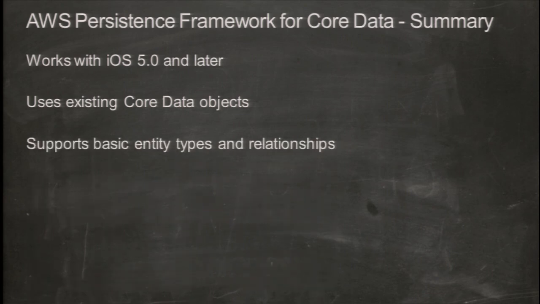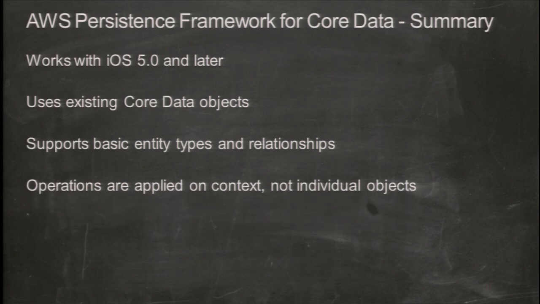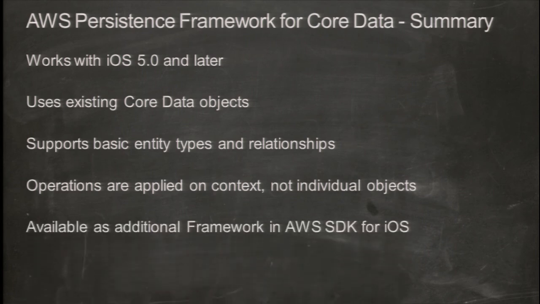We support basic entity types, which basically means numbers and strings, no complex types at this time. And we support basic relationships, so one-to-one and one-to-many relationships right now. The operations are applied on an entire context, not on individual objects. And it's available as a separate framework, but included inside of the AWS SDK for iOS downloads.